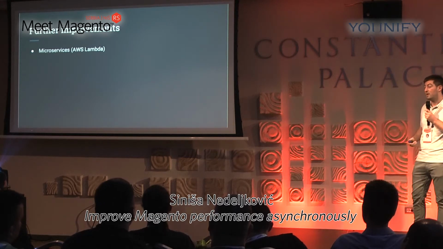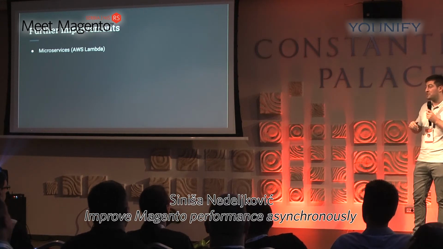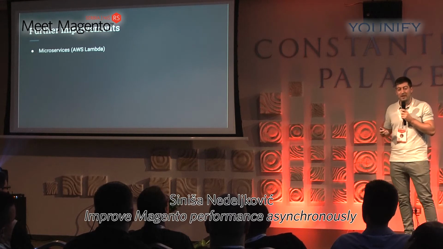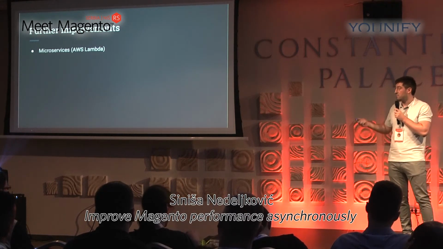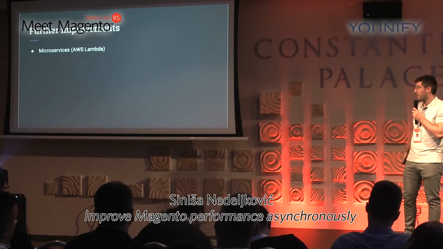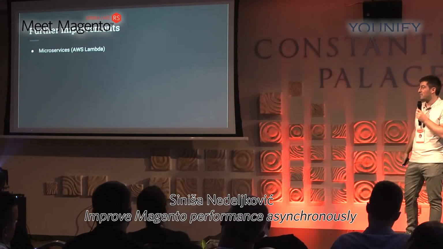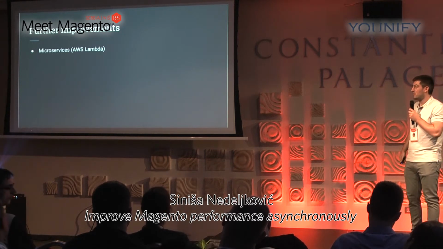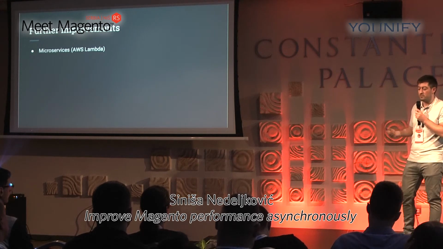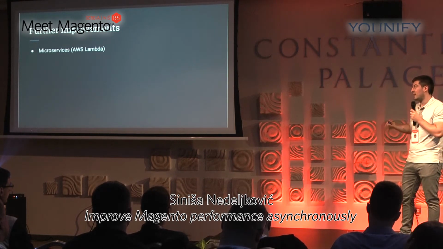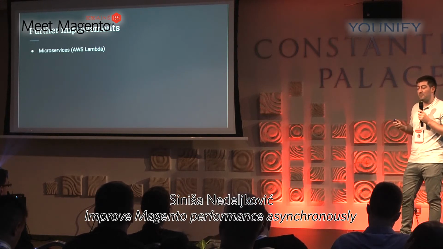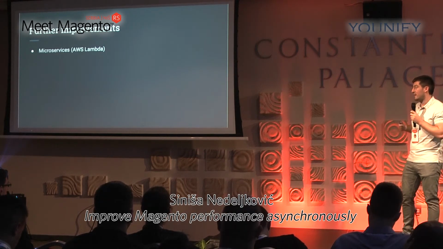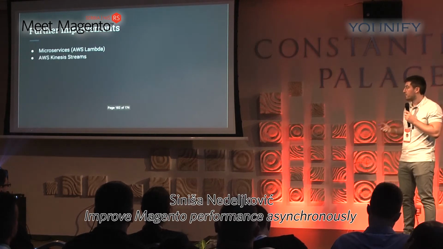So if you decouple some of the Magento functionalities, you can easily replace them completely with a microservice, with AWS Lambda as a representative. Why is that good? It's good because you don't have to worry about scaling up, so it can scale according to your needs and handle everything you throw at it.